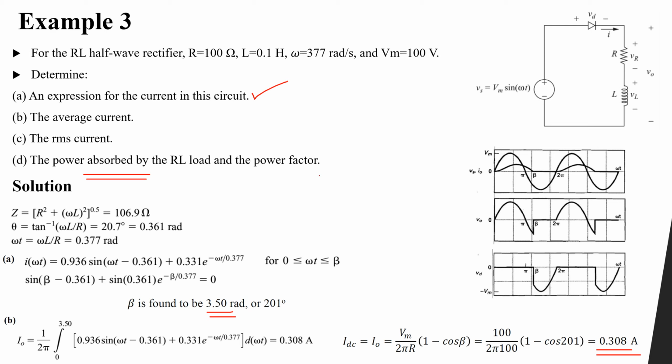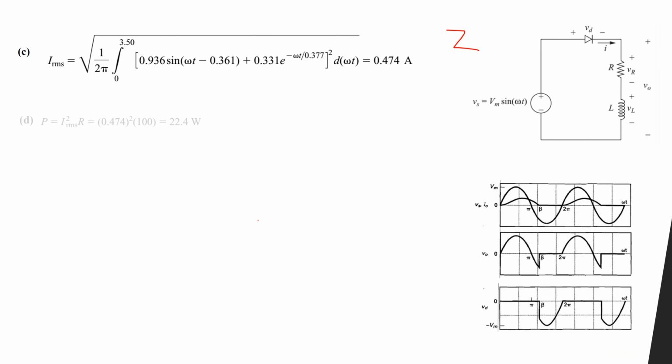So the consumed power is IRMS squared multiplied by R. For the inductance, the average power across it is equal to 0, because in half of the cycle it absorbs power, and in the other half it provides electrical power. So in the end, the average power is 0. For the resistance, IRMS squared multiplied by R gives 22.4 watts.